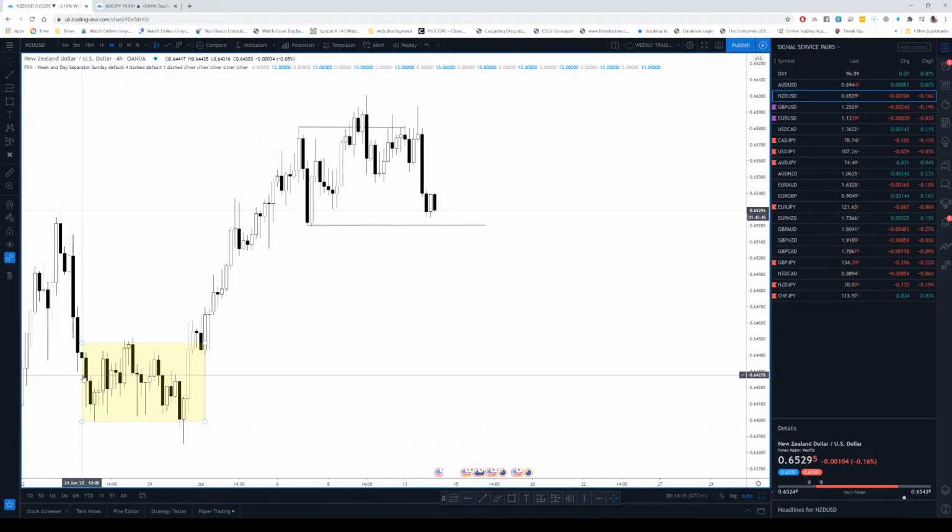I'm looking for a run back down to the 50%. So let's see if we're gonna break this low. Once this low is broken, I'll look for a retracement and then I'll sell it back down here.